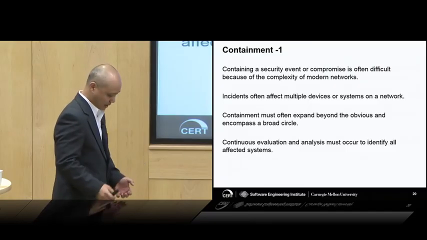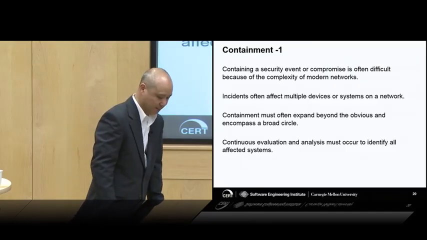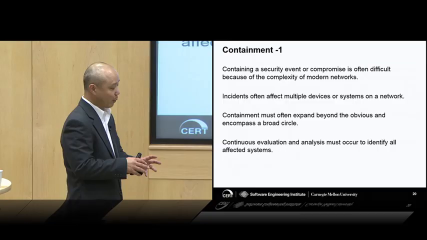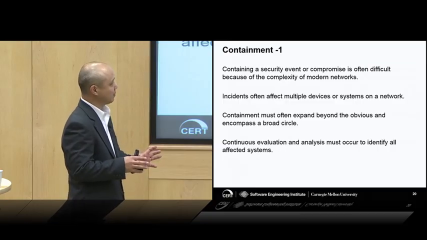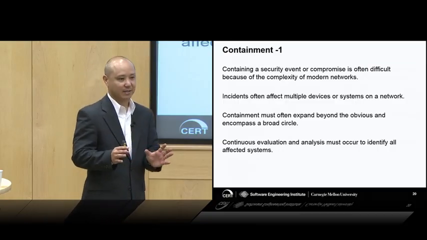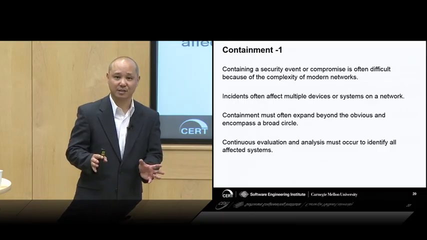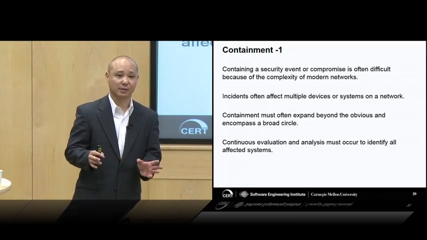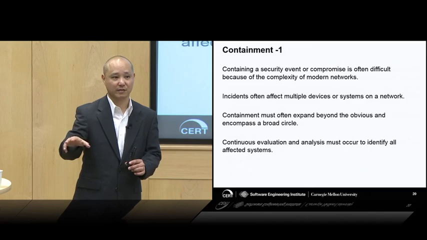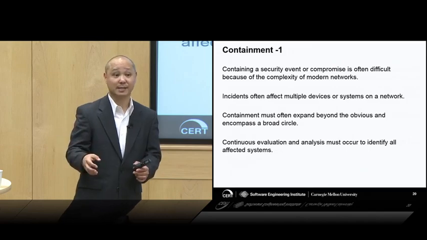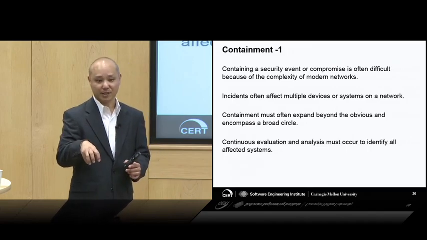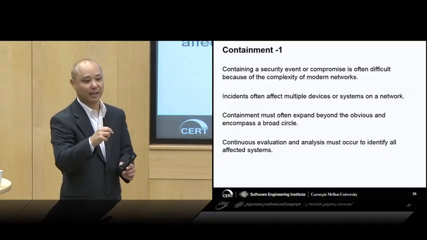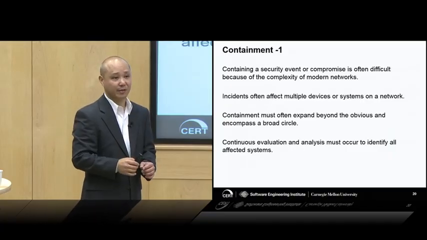Containment is very difficult because sometimes the things work their way through the network. Again, without having internal sensors, you may not know where else it goes. The obvious may be one host to one server, but you may not be able to see what this host did with the next door neighbor host, and it's also doing within your network.